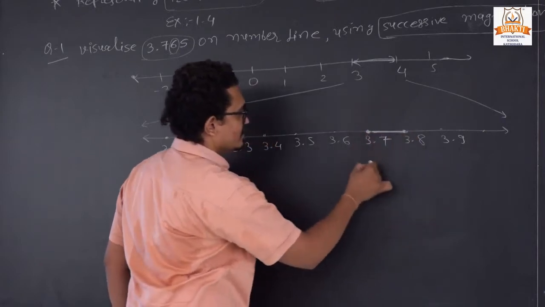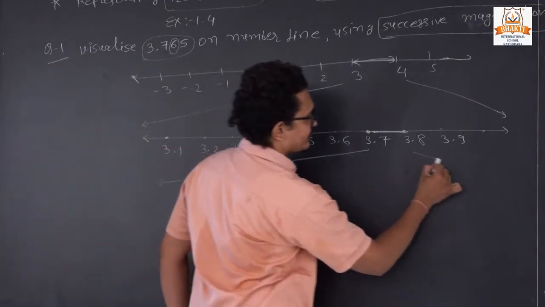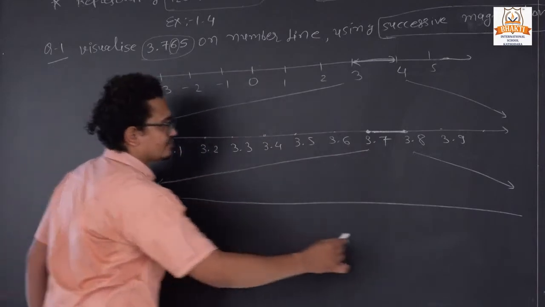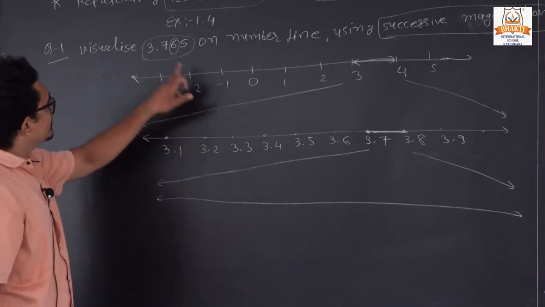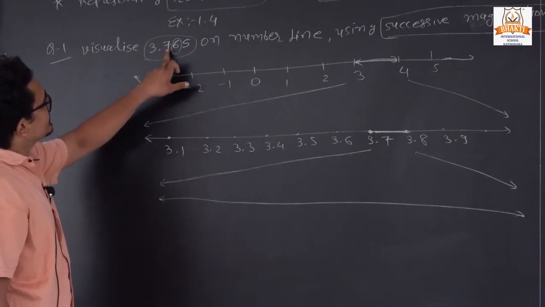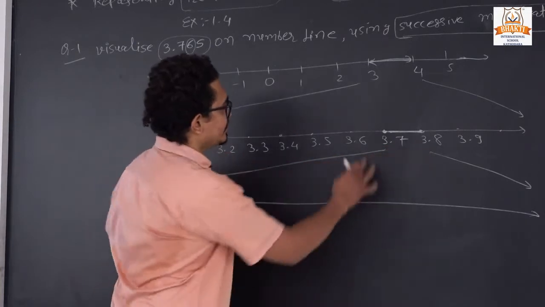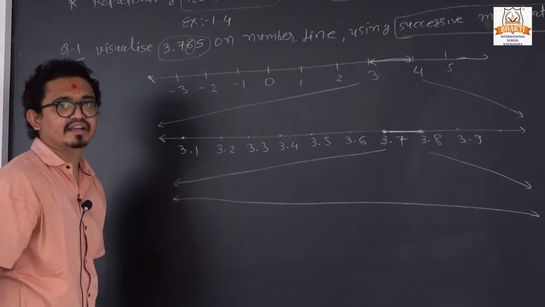So once again we can visualize. Once again we can draw the number line. Now here 3.76 is between 3.7 and 3.8.